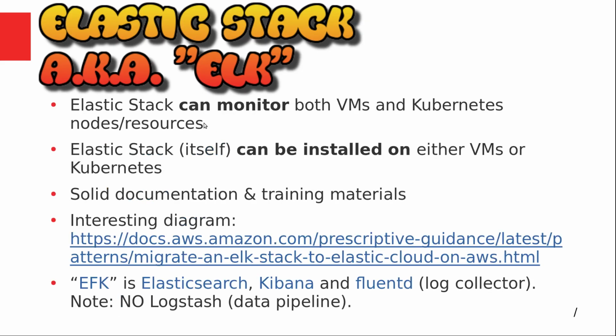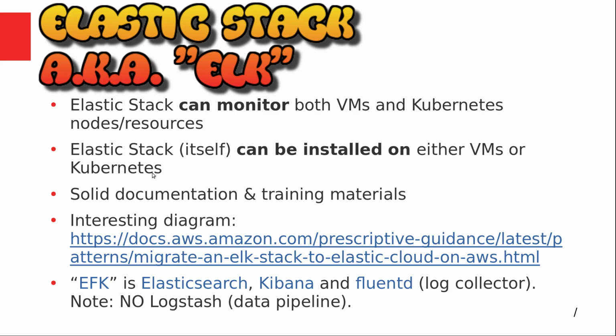Now, as I already alluded, Elastic Stack can monitor both VMs and Kubernetes environments, whether it's the resources or the underlying nodes. Elastic Stack itself, the product, with Elasticsearch, Kibana, and the integrations like Logstash, APM, Beats, etc., can be installed either on VMs or on Kubernetes.